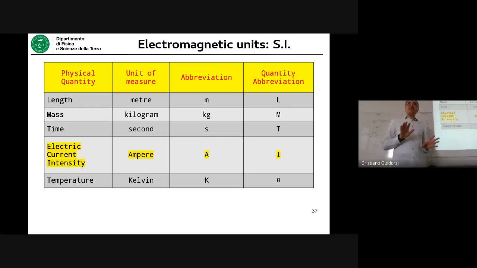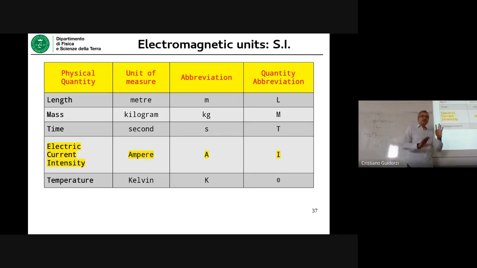It is annoying because the same quantity in the international system has some units of measure and dimensions, and in the Gaussian system it is different. It took me a while to get used to that. I think you might be in the same situation, but if this is really obvious to you, just let me know so that I can gain time.